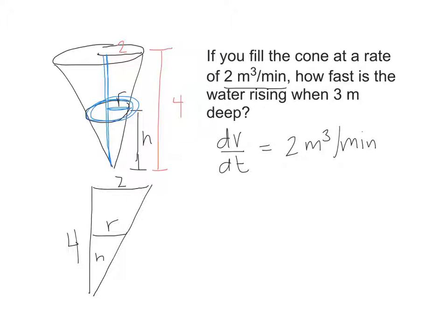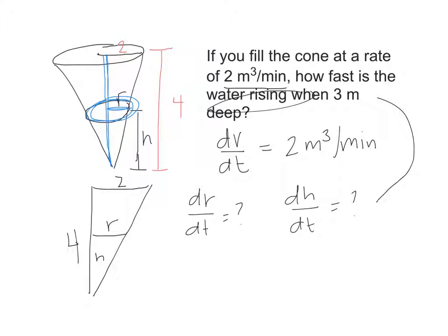So I don't know how quickly dr is changing. I don't know how quickly the height is changing. What I do know is how fast the water is rising, that is dH over dt.